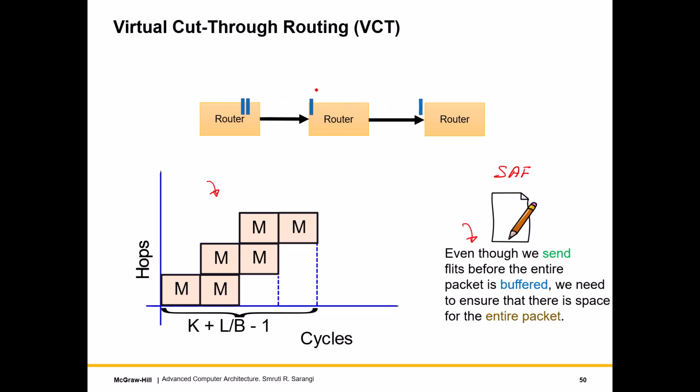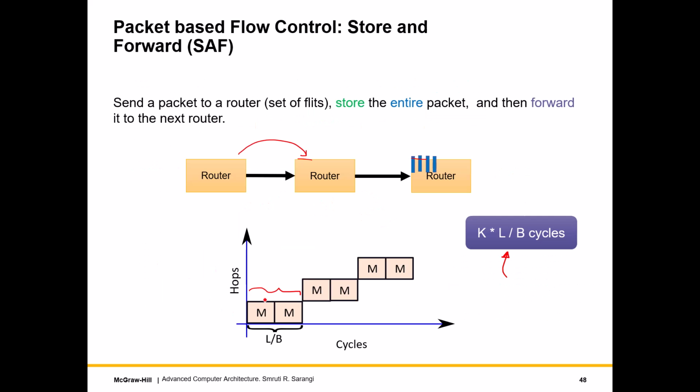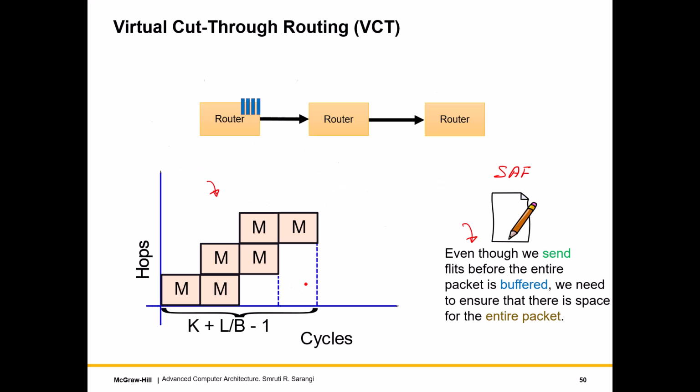In this case, the animation does indeed look quite different, and the analysis of virtual cut-through routing, this scheme, is also different. We send these message flits, but in the previous case, we were actually waiting for the entire packet to arrive. So this was the wait phase, and then only we were sending. In this case, this wait has gone. So the moment we have a flit, we try to send it to the next node, and then the next flit arrives, we try to send it to the next node, and so on and so forth.